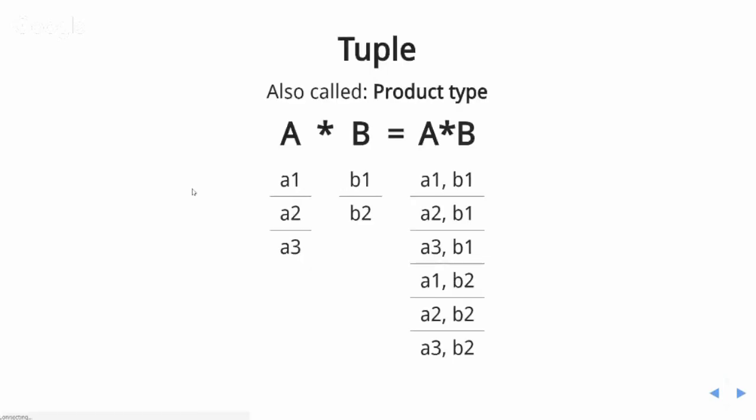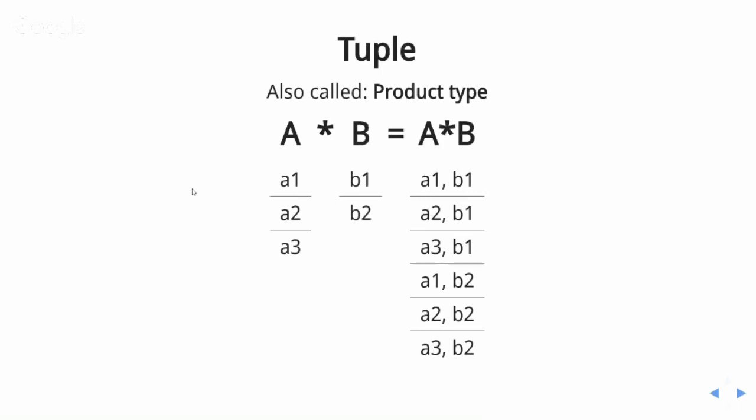So if we have two types called A and B, and A has 3 different values and B has 2 different values, we can think of those types as enums. They only have a handful of fixed values. So if we create a tuple of those 2 types, then the resulting tuple type is going to have 6 different values, which is all the different combinations of the input values.